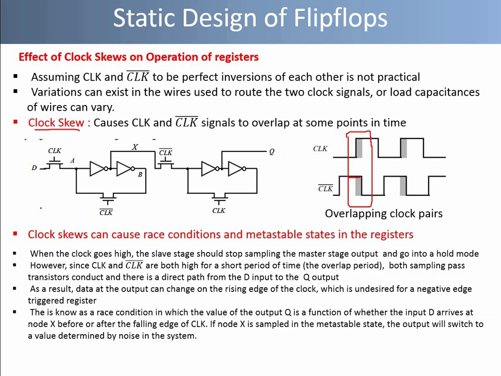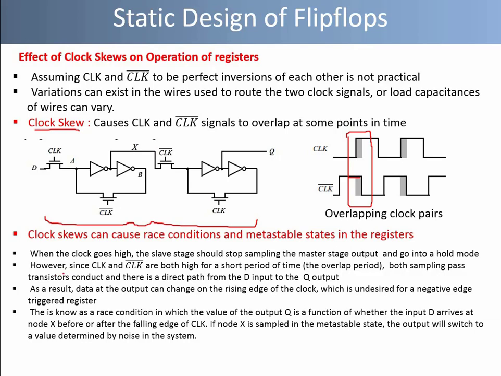These clock skews cause performance degradation of the triggered flip-flops. Let's illustrate this with the help of an example. Here we have a flip-flop which is made using master-slave latches implemented by NMOS only pass transistors. So when the clock goes high, ideally the slave stage should stop the master slave output and go into the hold mode.